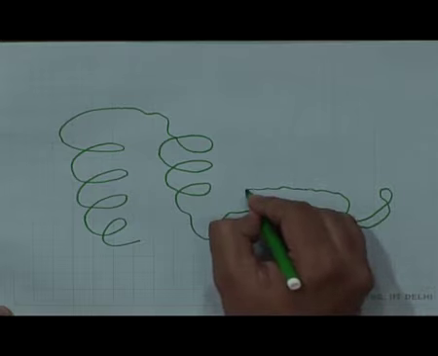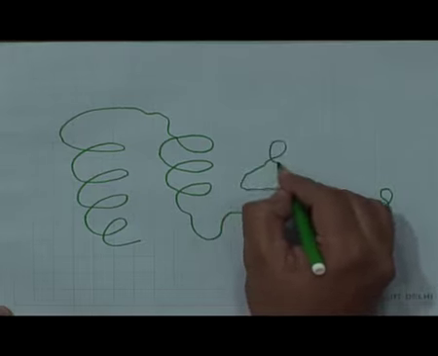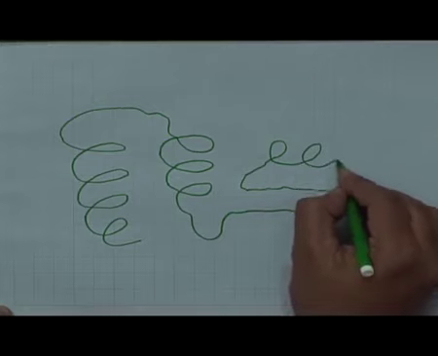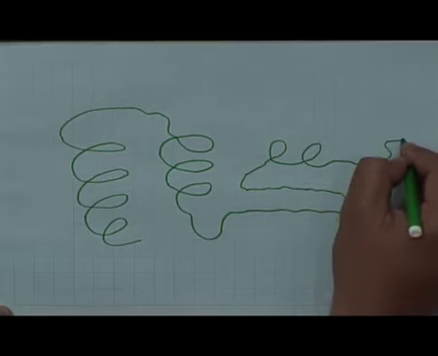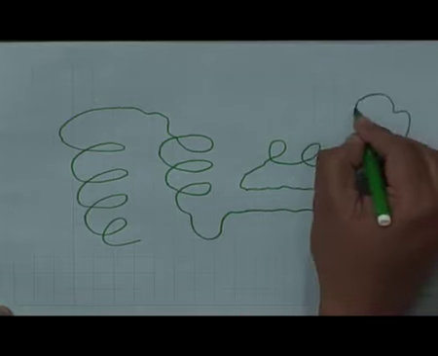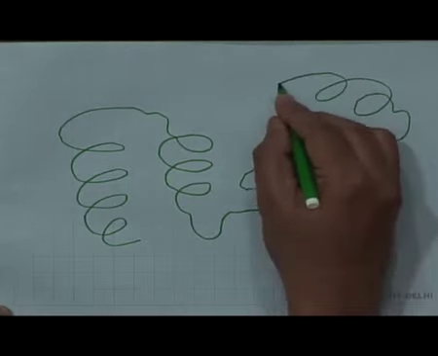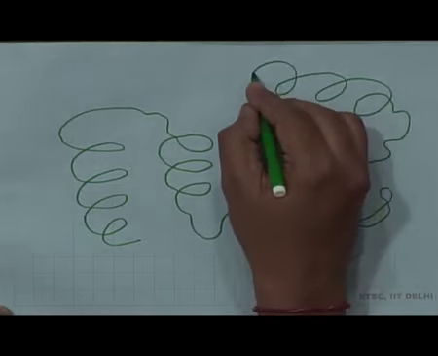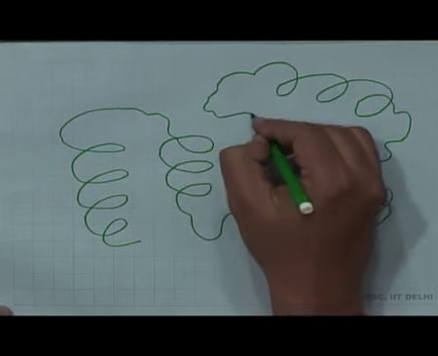So, this will again be a beta pleated sheet in the segments, and then again I am making a helix here.